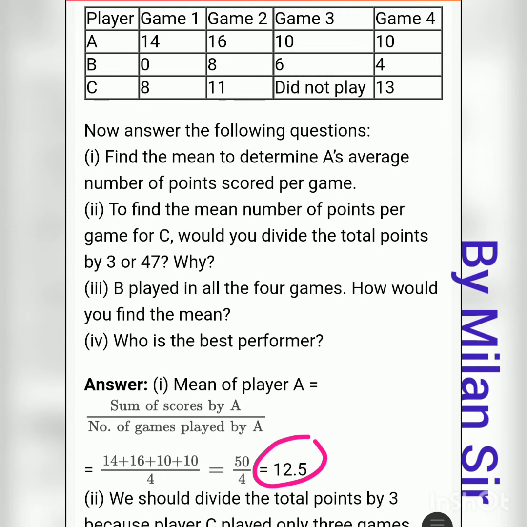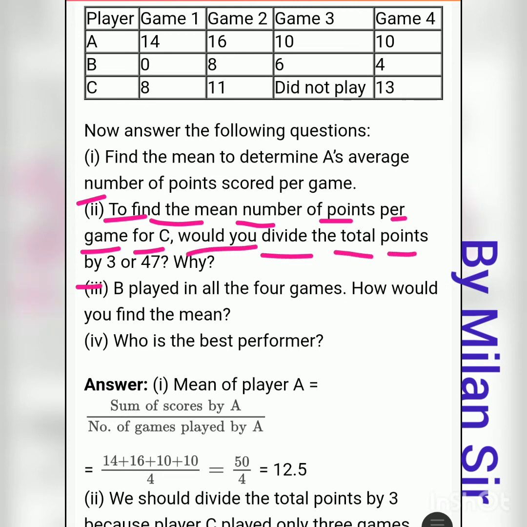That means the mean of player A. In the second question, to find the mean number of points per game for C, would you divide the total points by 3 or 4?